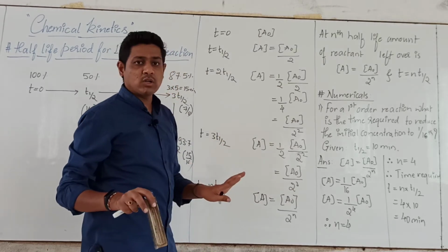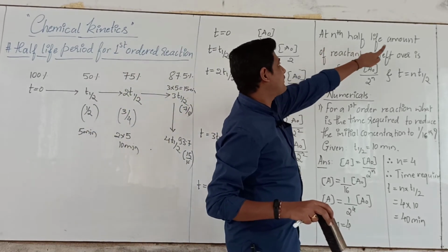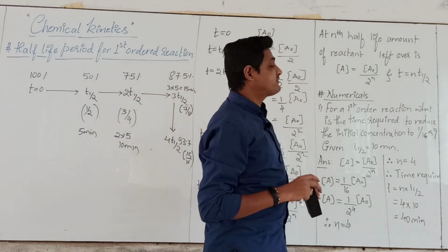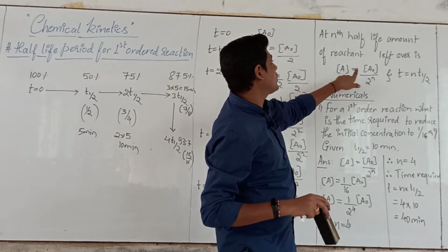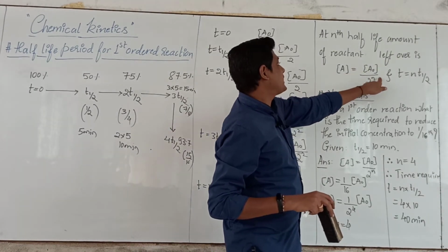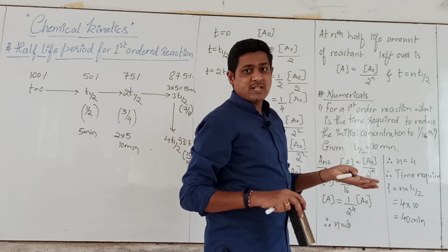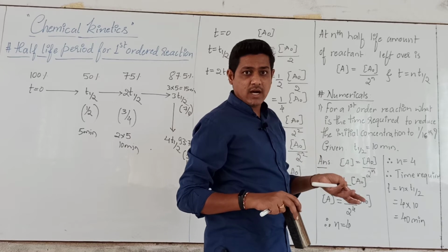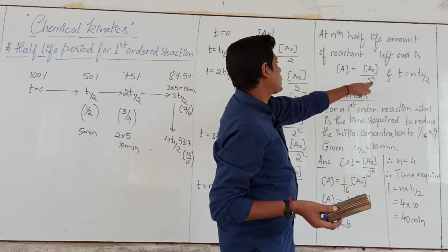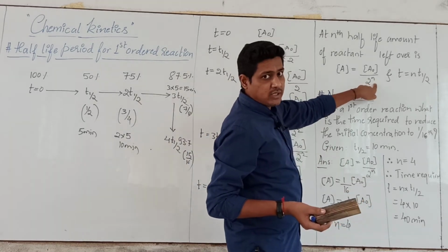So in general, at nth half-life, the amount of reactant left over is A is equal to A naught upon 2 to the power n. What is n? n is the half-life number. Suppose they may give you second half-life or third half-life, like that. So you can calculate the amount left.